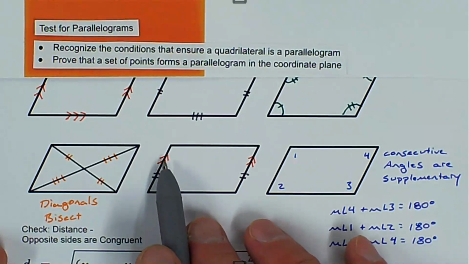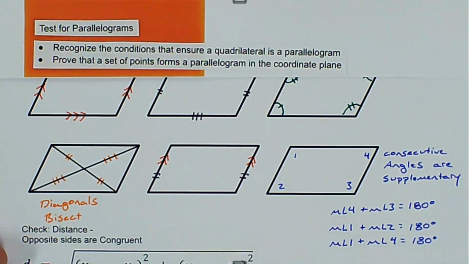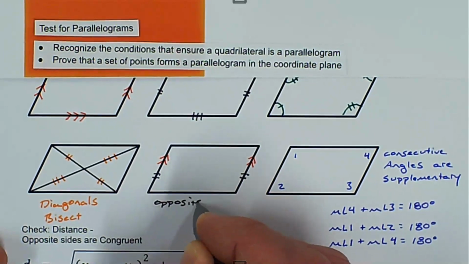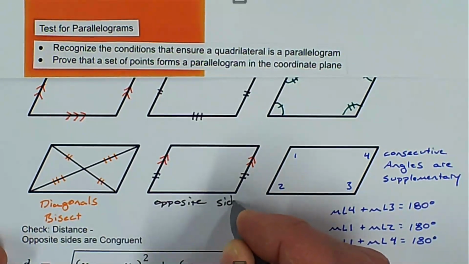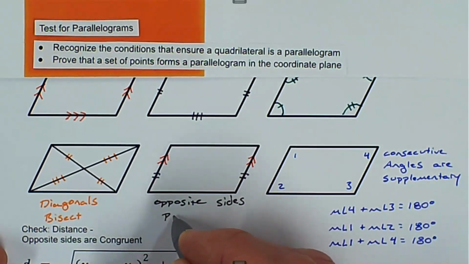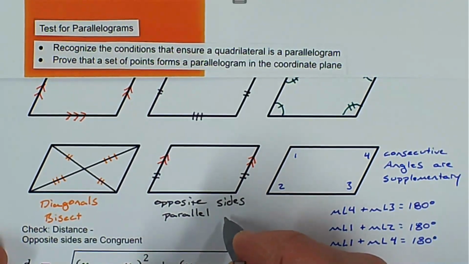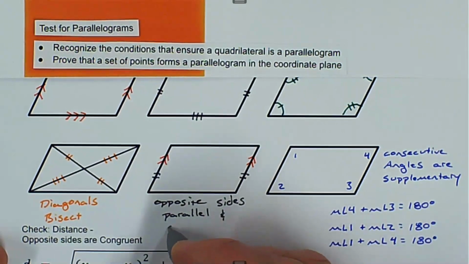We could use either side, but if this side is parallel and congruent, then it is a parallelogram. Opposite sides parallel and congruent.